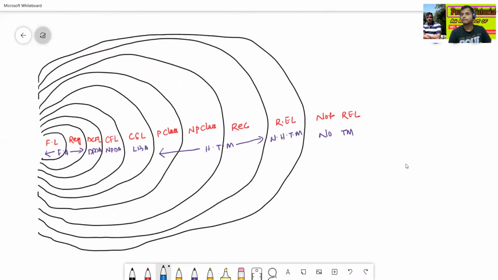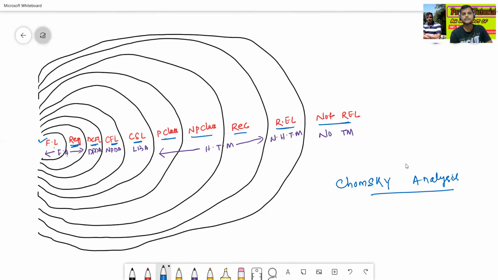Okay, so see, finite language, then regular language, then DCFL, meaning deterministic context free language, then CFL, meaning context free language, CSL, meaning context sensitive language, then P class, then NP class, then recursive, then REL language, then not REL language. Finite automata exist for finite language and regular language.